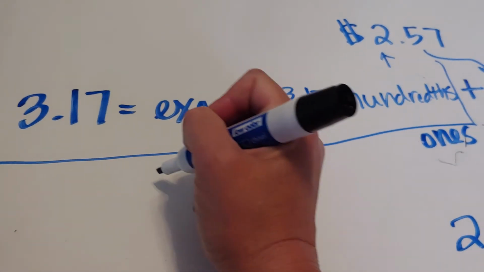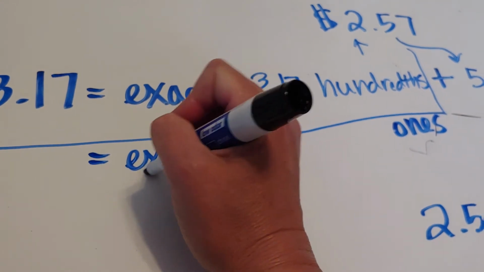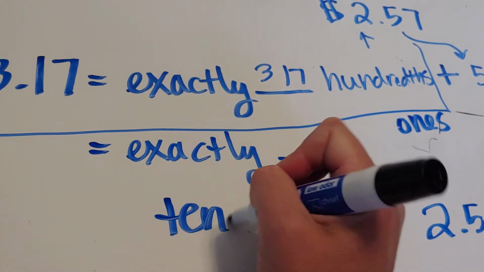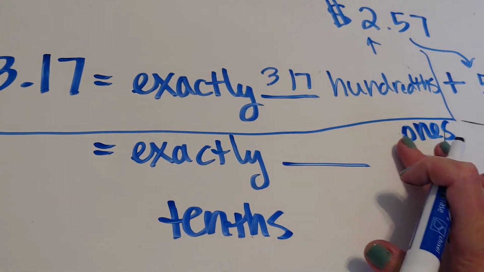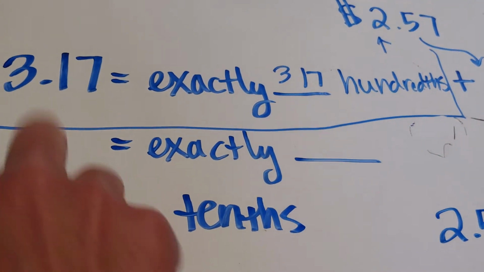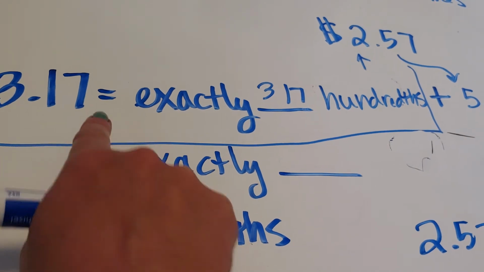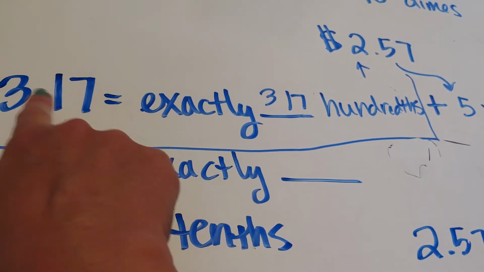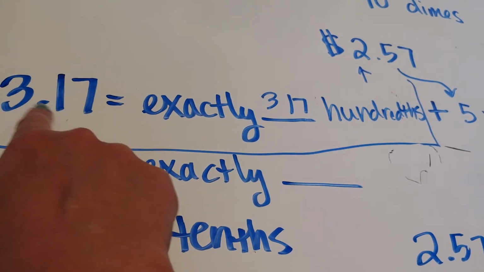Okay, if I want to write $3.17 exactly in dimes, I'd need 1 dime plus 30 dimes, so 31 dimes.